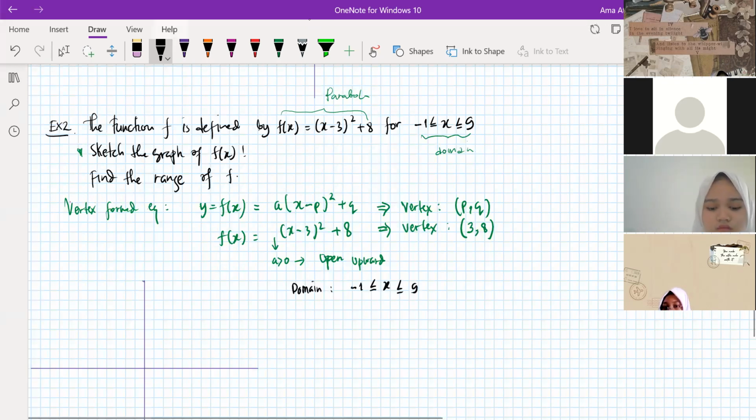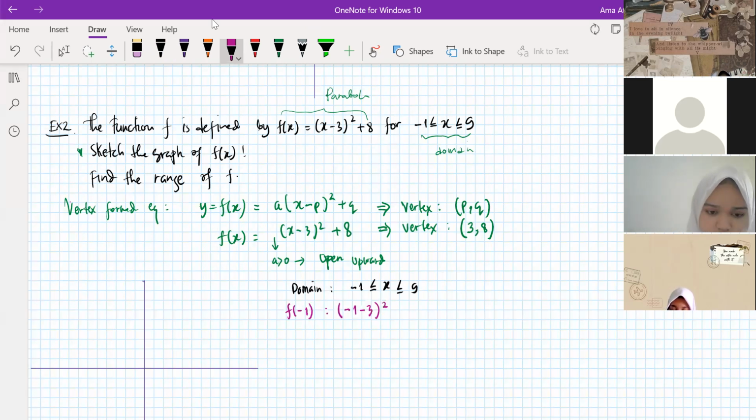So for f(-1), we are substituting: (negative 1 minus 3) squared plus 8. How much is this? This is negative 4 squared, which is 16. 16 plus 8 is 24. Yes, 24.